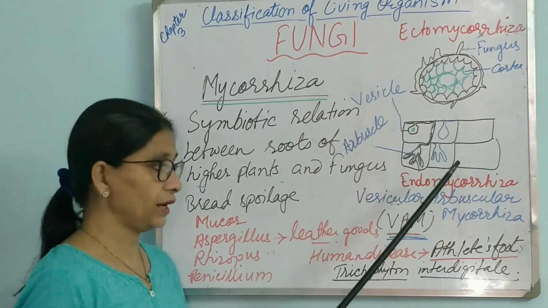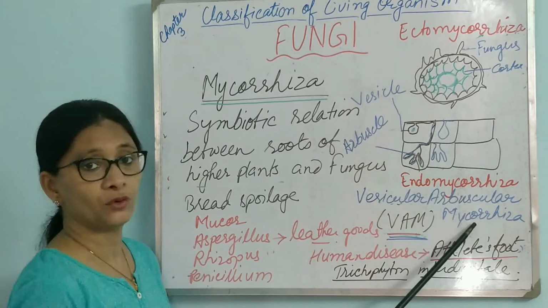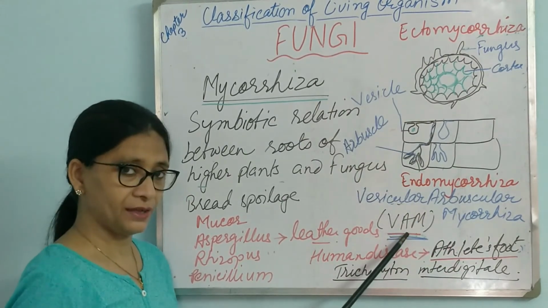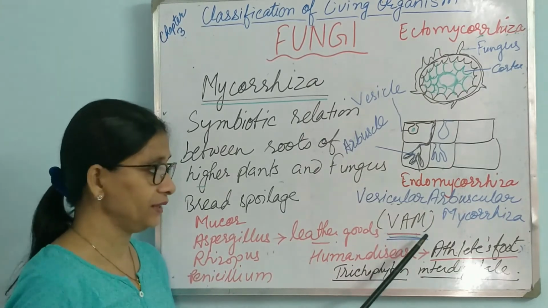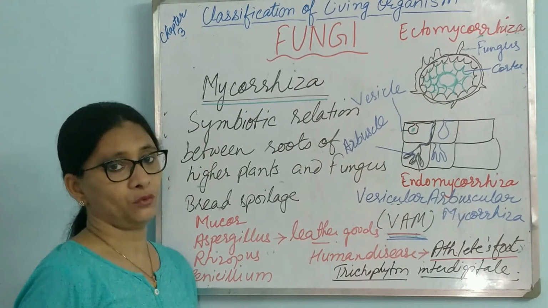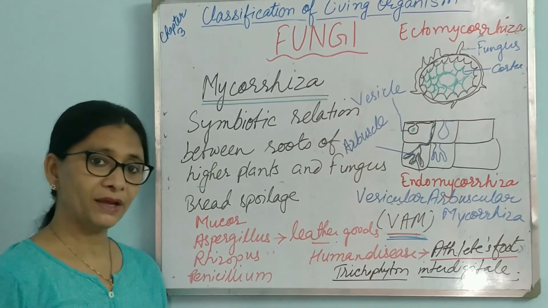Hence this mycorrhiza is also known as vesicular arbuscular mycorrhiza, or in short VAM. This is often asked in exams: what is VAM? VAM is nothing but a type of mycorrhiza, vesicular arbuscular mycorrhiza. It's a type of endomycorrhiza. So that's about the mycorrhiza.